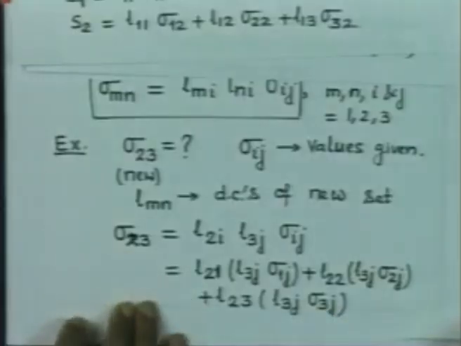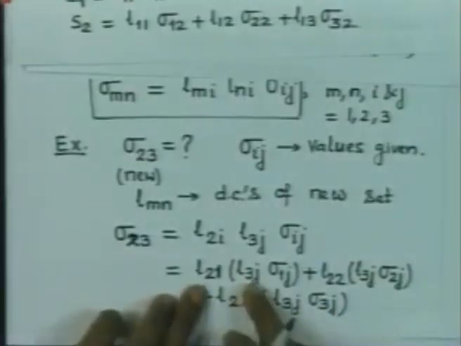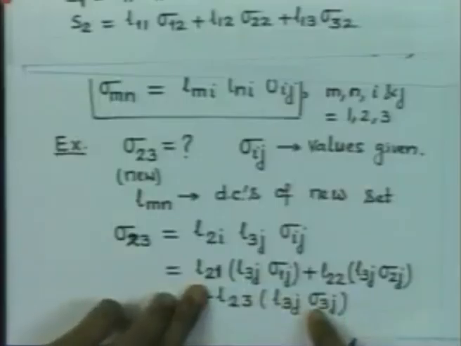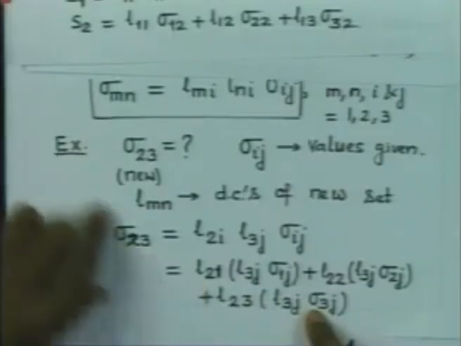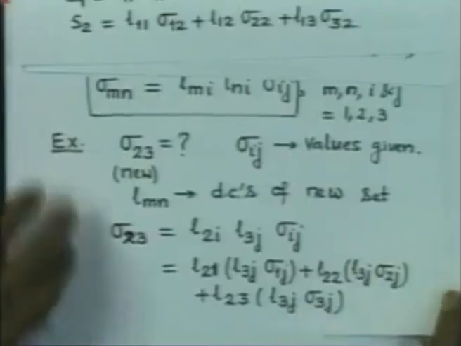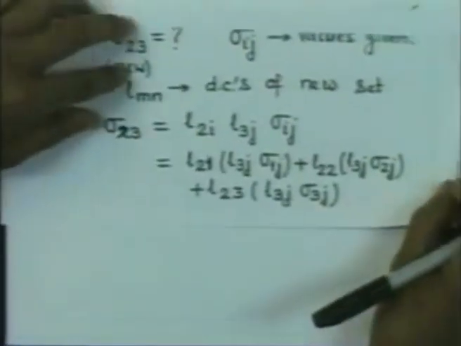You can link up that these bracketed quantities are nothing but the tractions on the plane which is perpendicular to the direction 2. So, we can now expand it further.